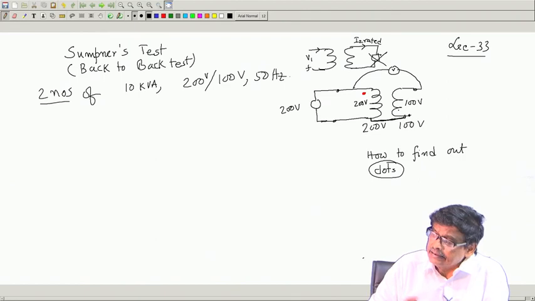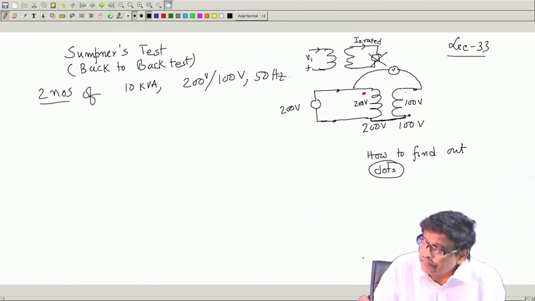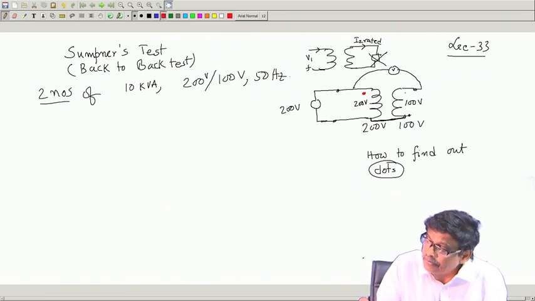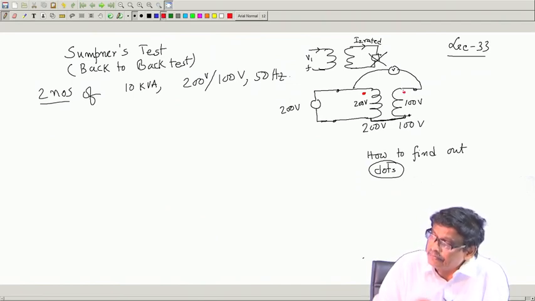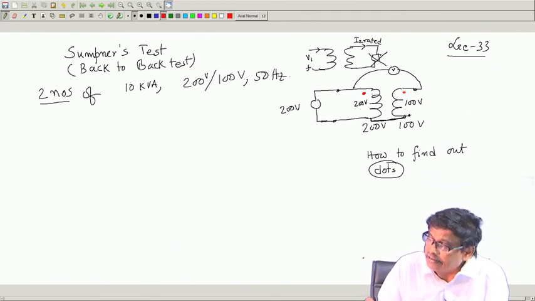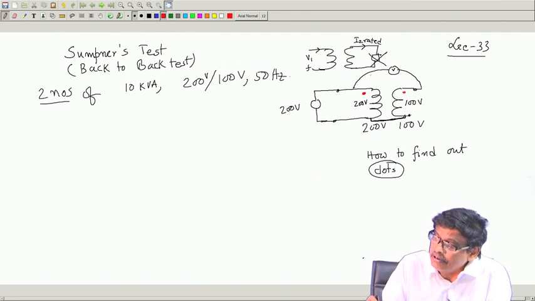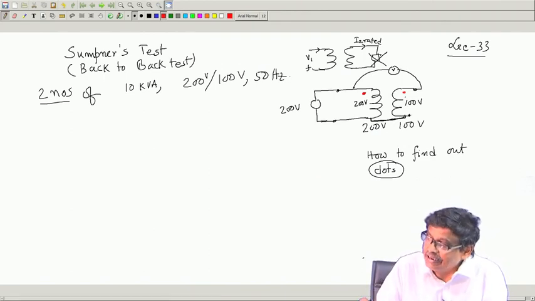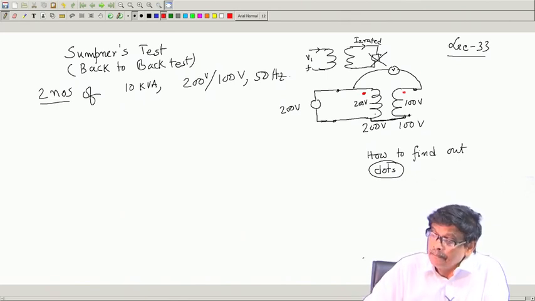Suppose, let us assume this is dot, suppose this is also dot. These two coils are connected in series, as you can see, and I am measuring the voltage. What will be the voltmeter reading? 100 volt, because they are in opposition, this is plus, 100 volt.